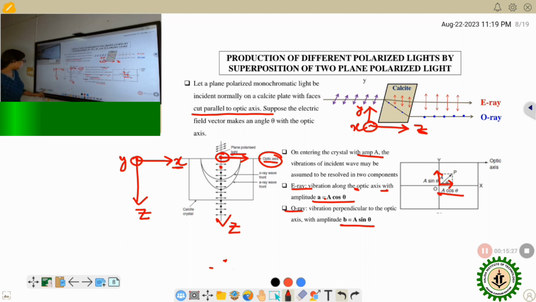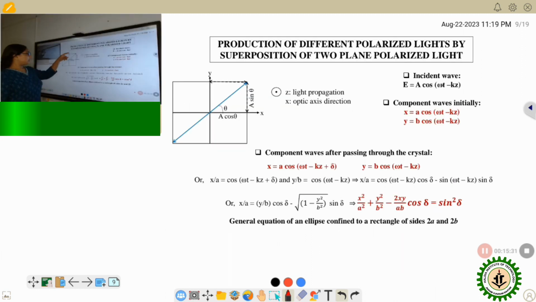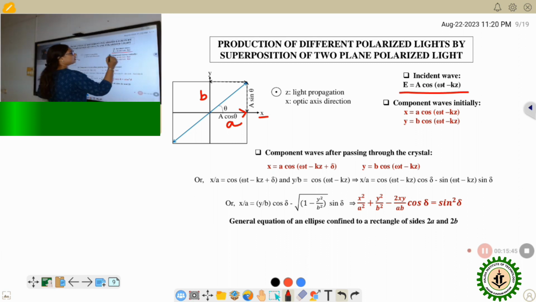What happens when they emerge from it? Again I have drawn that picture from the earlier slide. So this is small a, this is small b, and this is the x-axis, the optic axis. Let the incident wave have the equation E equal to capital A cos(omega t minus kz), which denotes that the wave is moving along the z-axis.